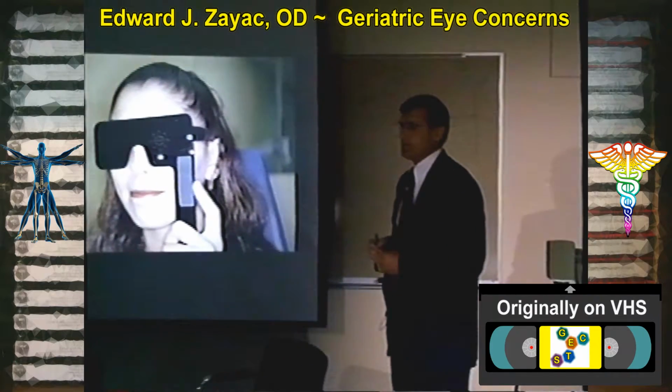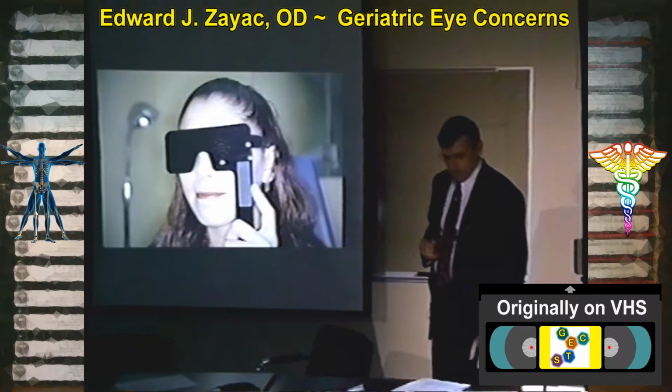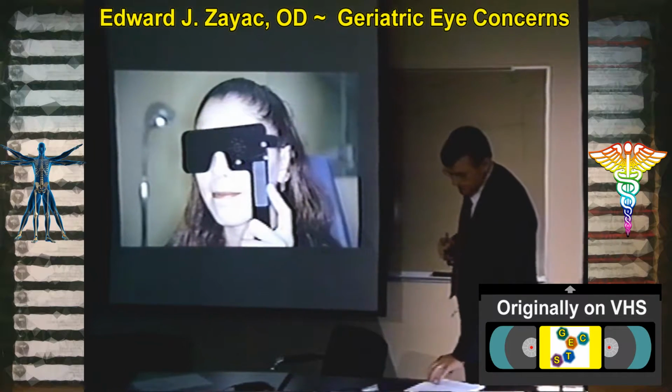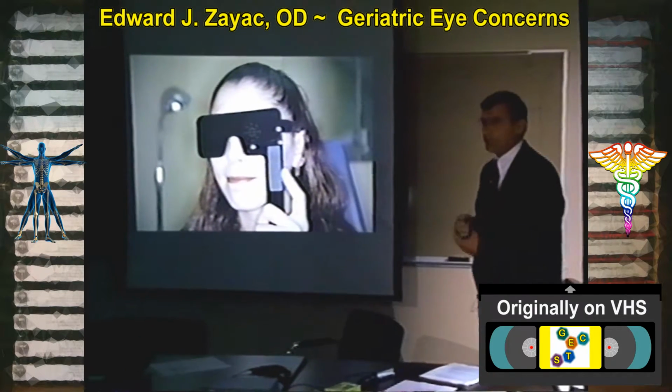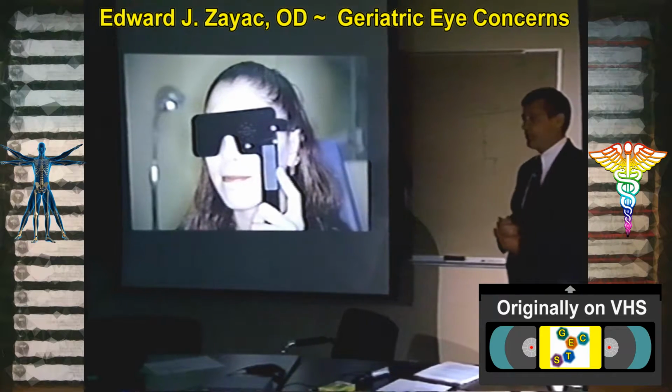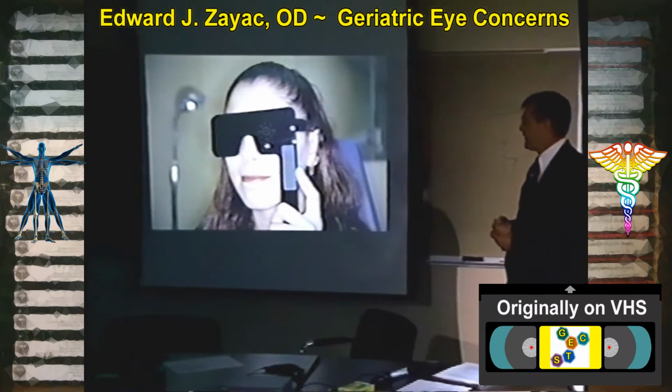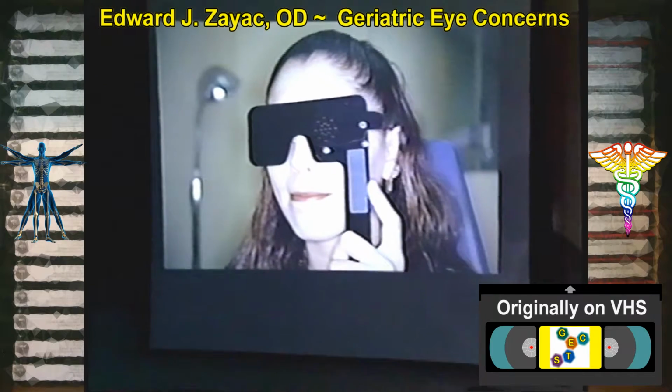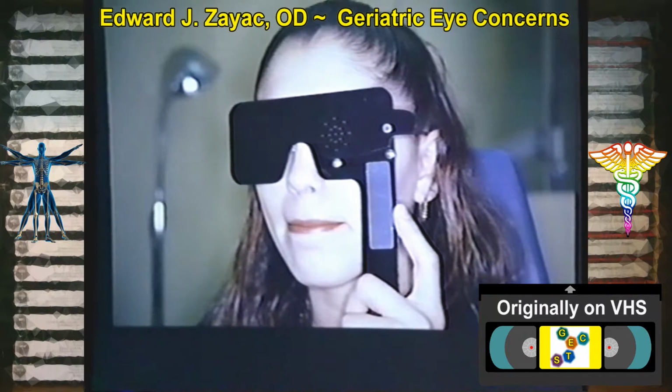Now, when a patient comes to you, the chief complaint is the blurred vision related to a refractive error, or is the blurred vision related to pathology? Now, we use this simple little gadget right here, if you want to project this to those at home or at the other locations.